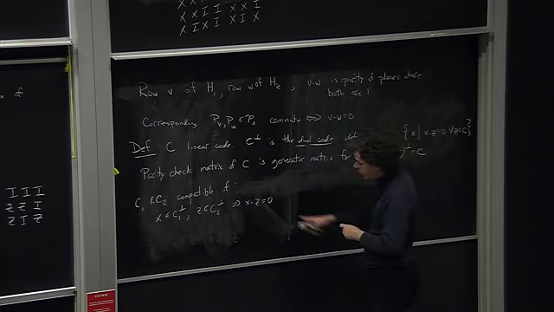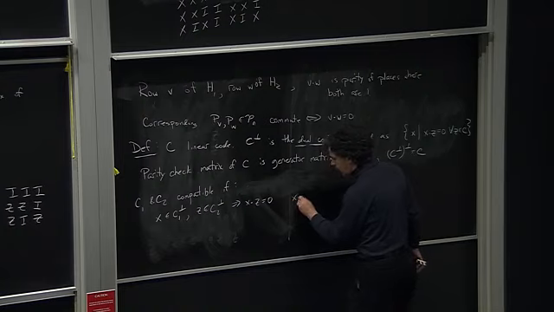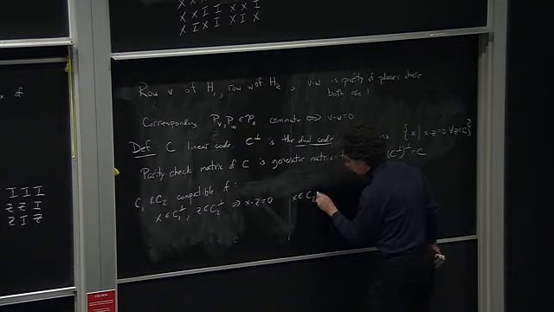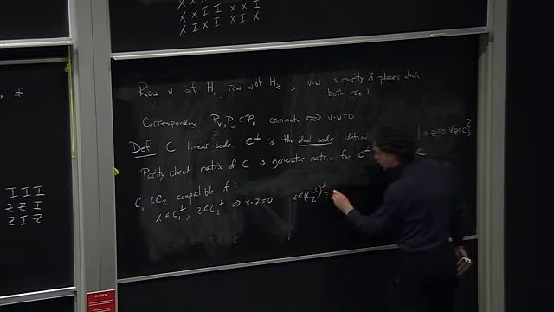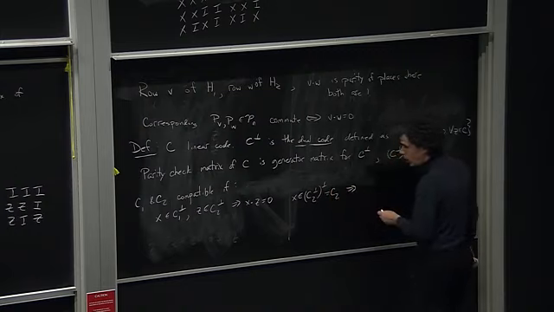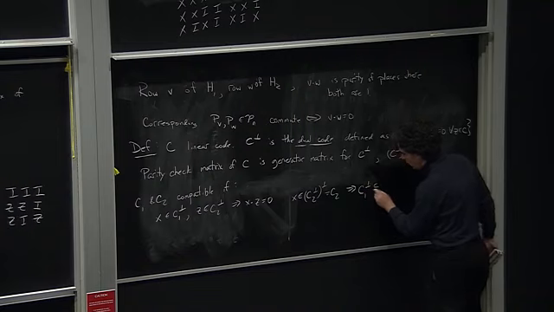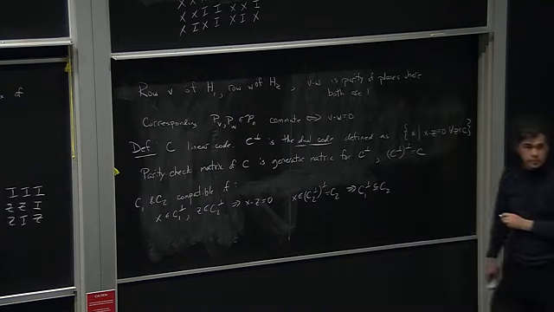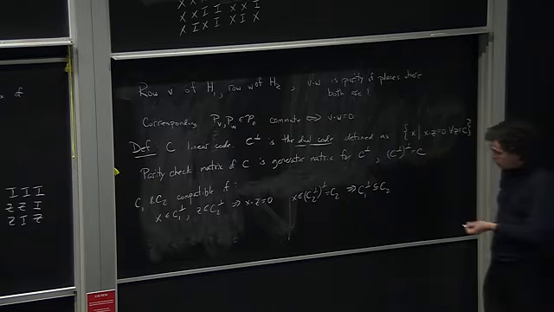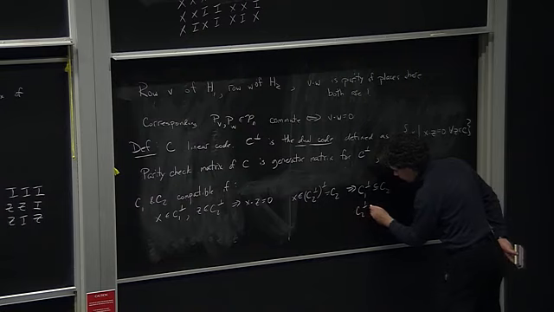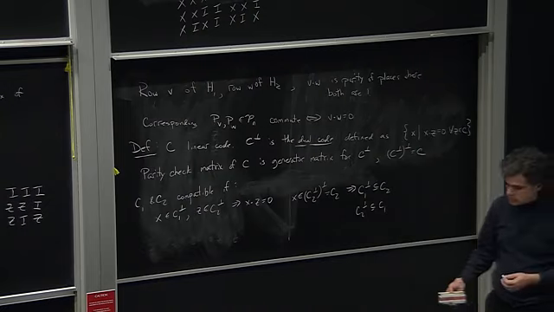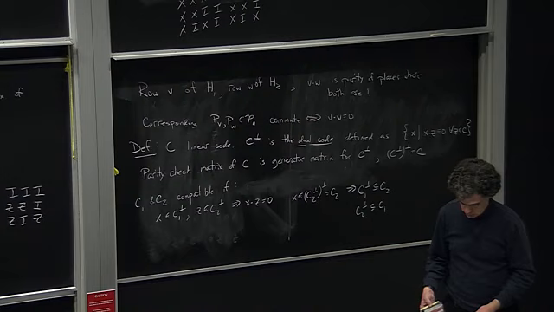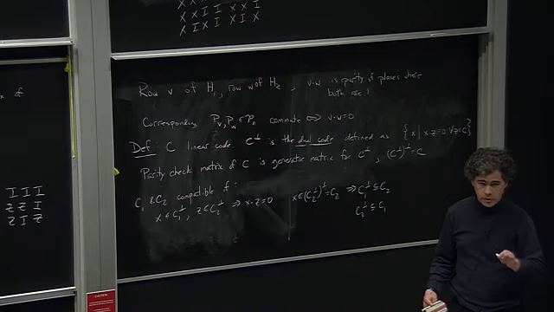And so what this is saying is that x is an element of C2 perp perp, which is equal to C2. Okay? Which implies that C1 perp has to be a subset of C2. And equivalently, actually, C2 perp is a subset of C1.